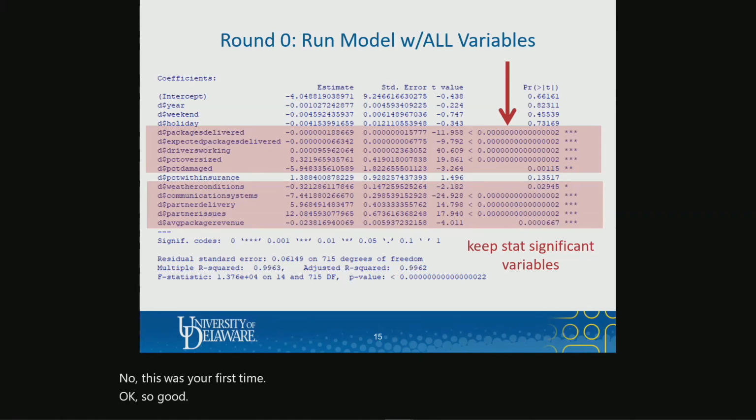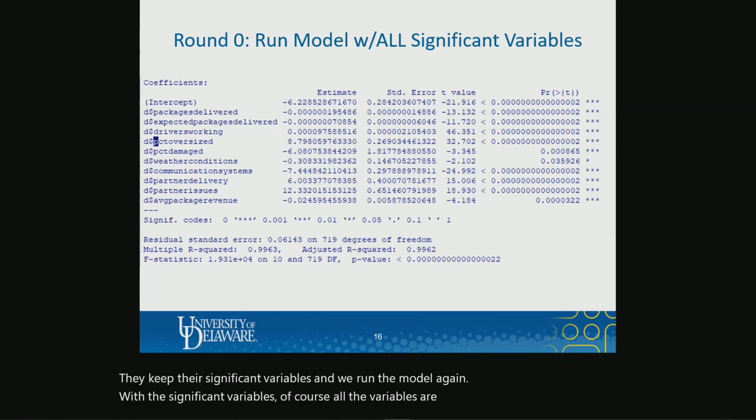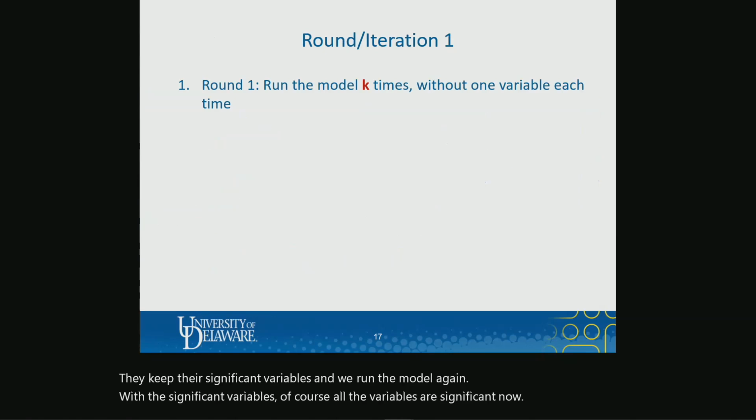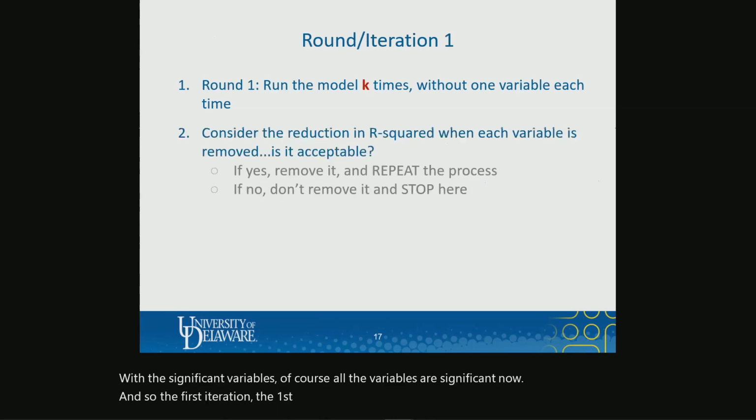So, we keep the significant variables and we run the model again with the significant variables. Of course, all the variables are significant now. For the first iteration, what we do is that we run the model 10 times. We have 10 remaining variables.